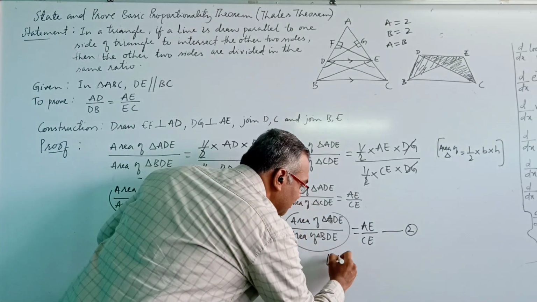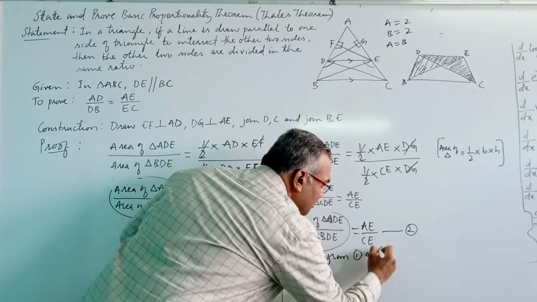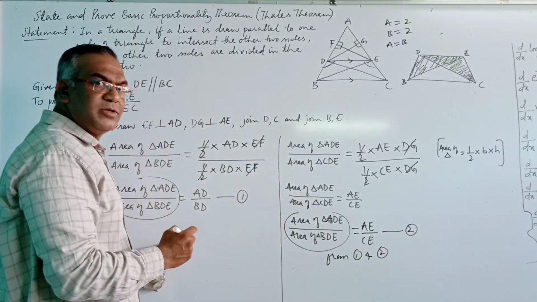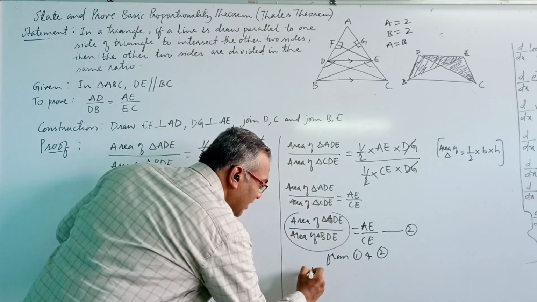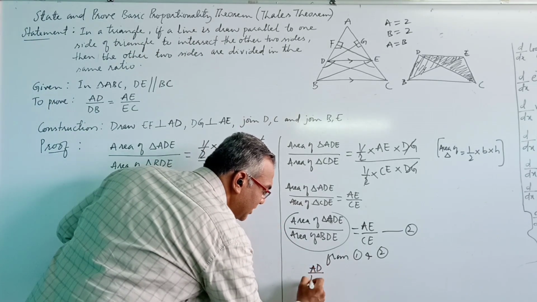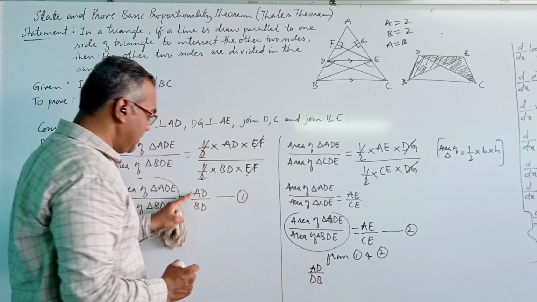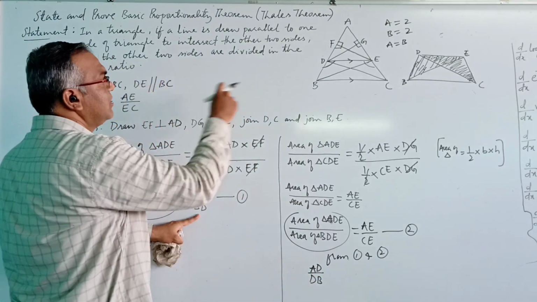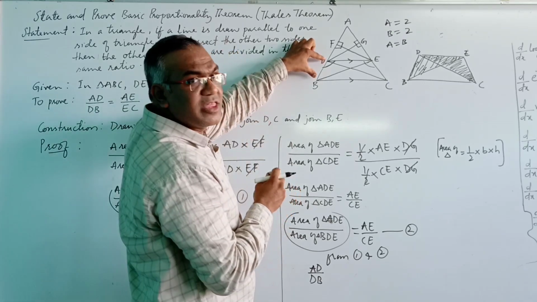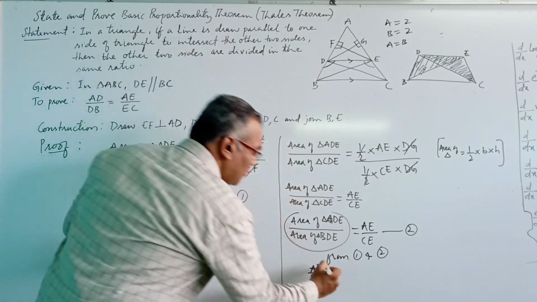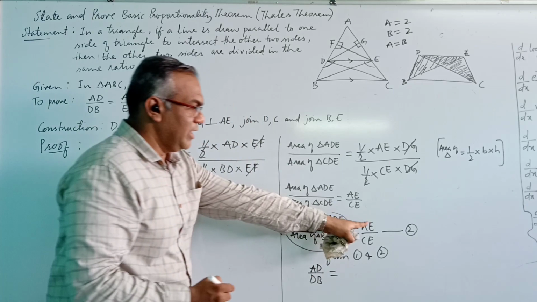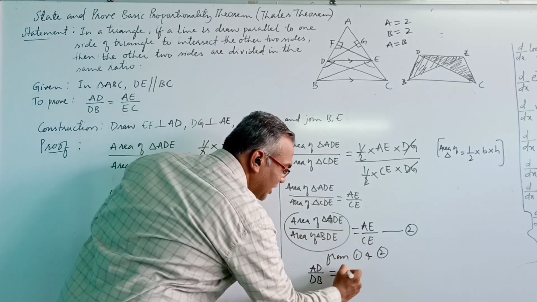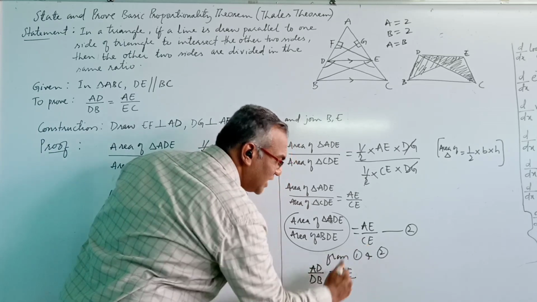Therefore, from 1 and 2, we can write AD divided by DB, BD can be written as DB, no problem. BD and DB are same. RHS is equal to RHS, right? AE divided by, can I write CE as EC?